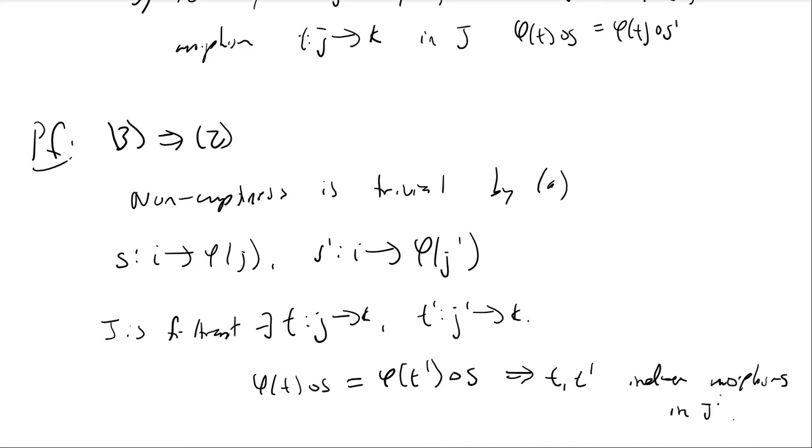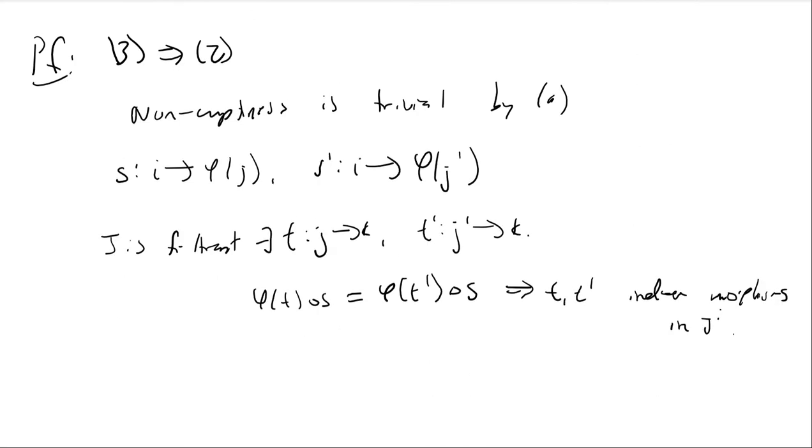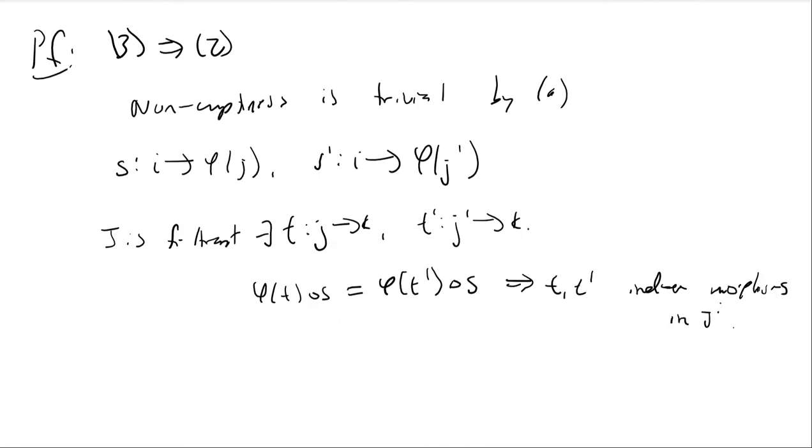And so in particular, I can look again at these I to phi of j1, or sorry, these are different, but it's fine, and I to phi of j2.